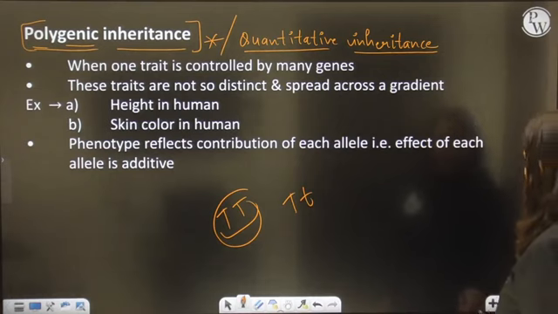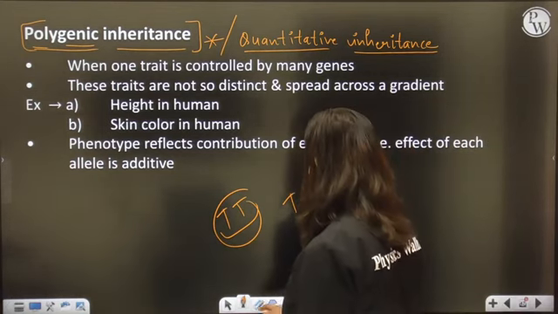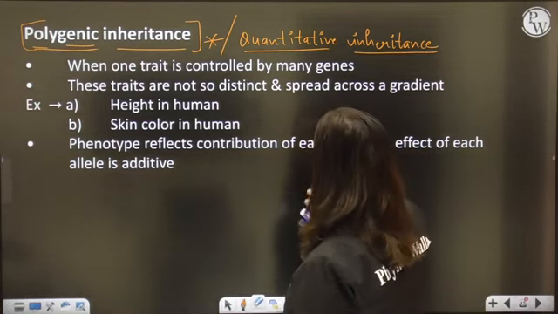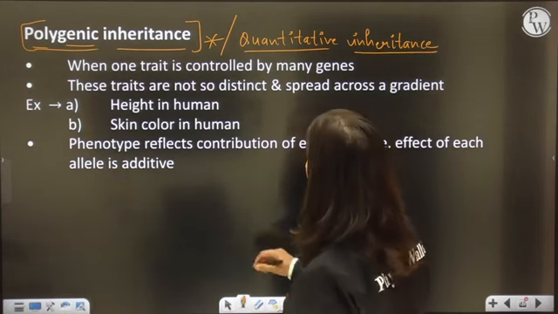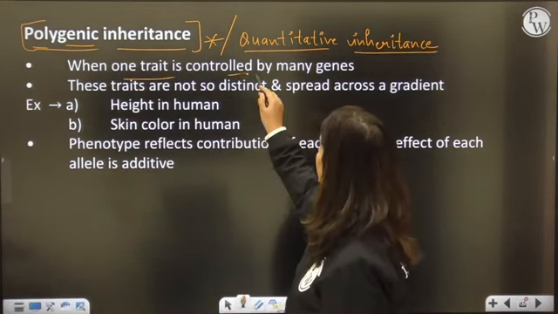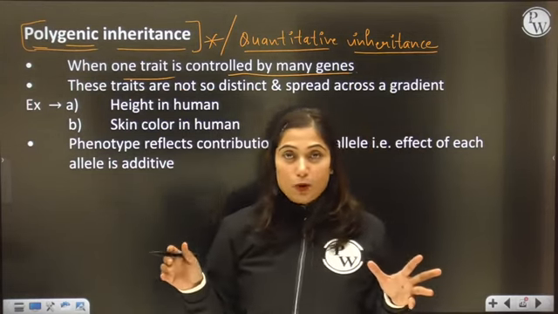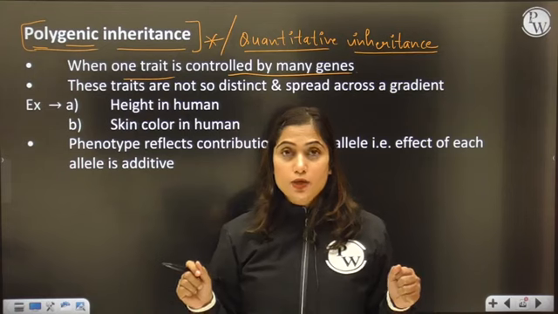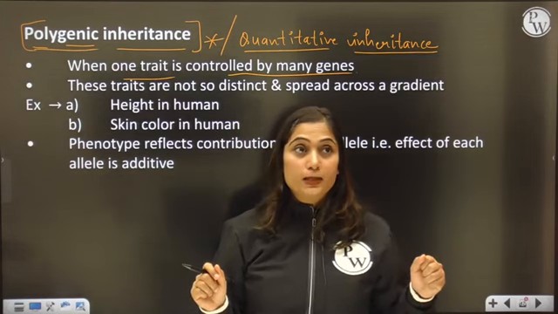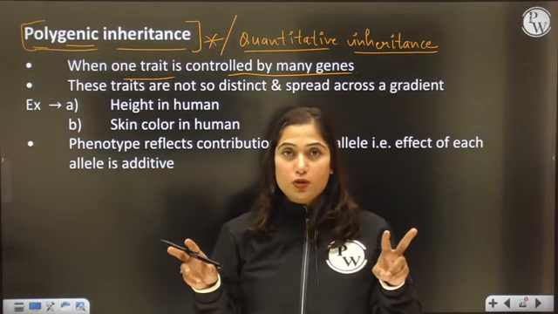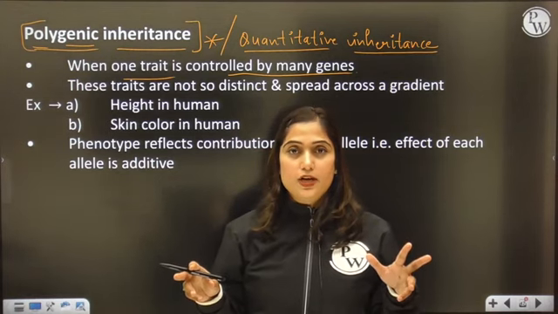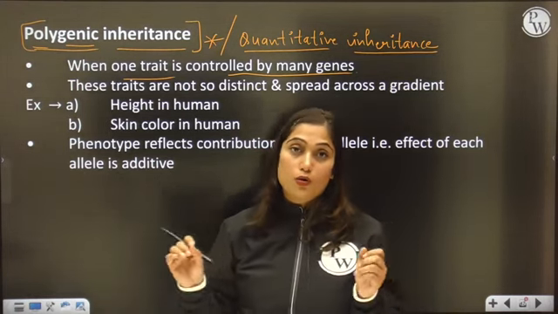Now we will understand the meaning of this point. It says that here one trait is controlled by many genes, and you can see this polygenic inheritance where you do not have only two choices. Like in the Mendelian inheritance, we had only two choices, either tall or dwarf.